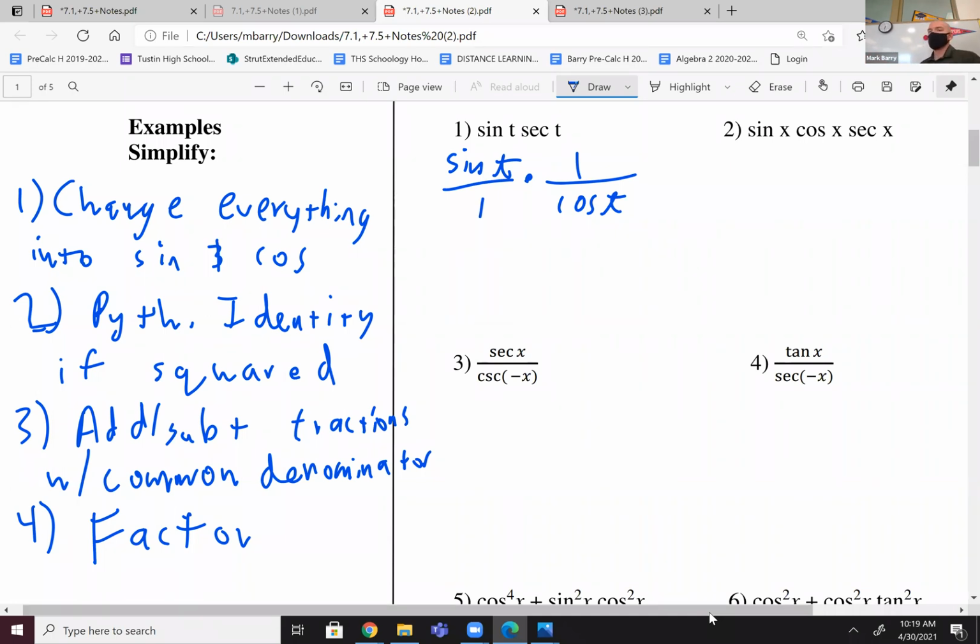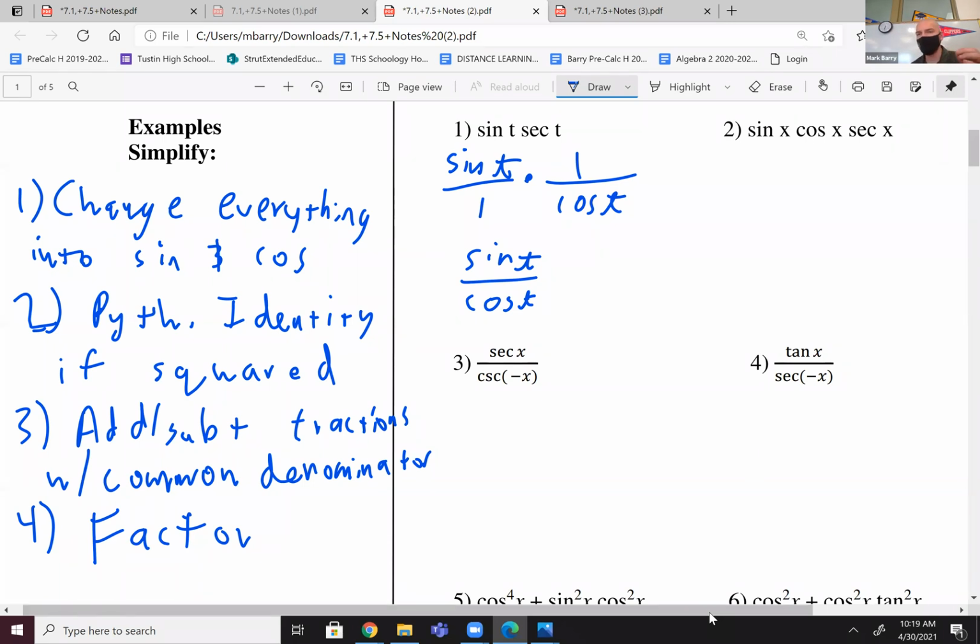In this case these fractions are multiplying, so do we need a common denominator to multiply fractions? No. I can cross cancel if I can, but in this case there's no cross canceling available. So I just do top times top goes up top, bottom times bottom goes on bottom. So we have sine t over cosine t.